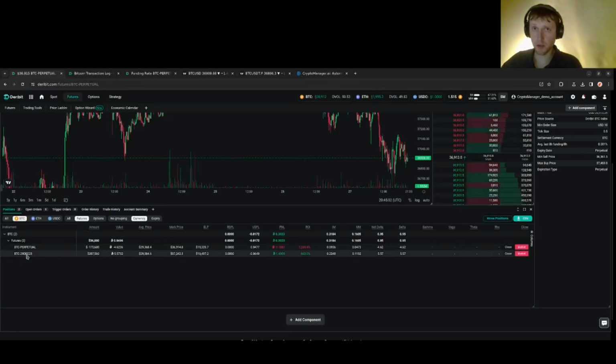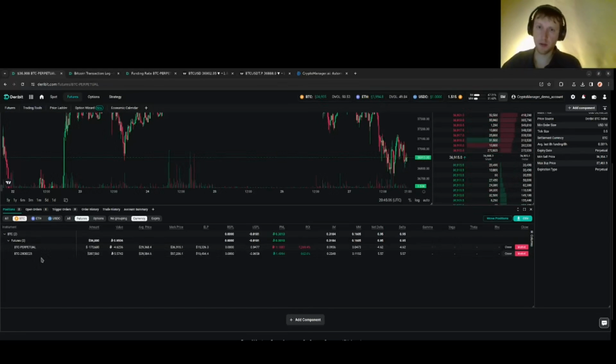So the closer it gets to the end of December, the smaller the premium, and when it is only a few days away or the same day away, the price is almost equal to the perpetual futures price.